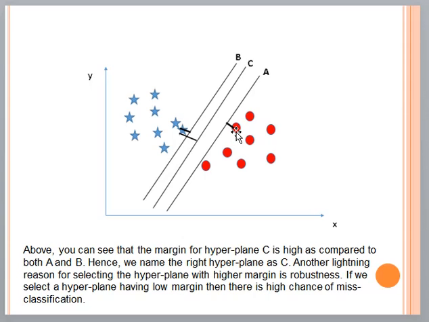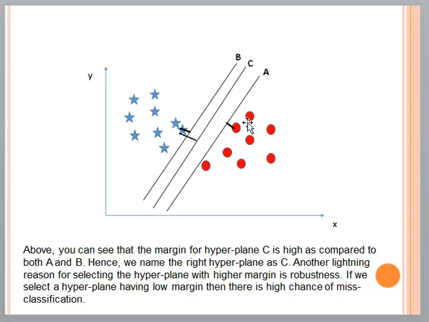So this data point has this much distance from this hyperplane, this data point has this much distance from this hyperplane, and the same data point has this much margin from this hyperplane, which is C, right? So we have different margins of each instance to different hyperplanes. Above you can see that the margin for hyperplane C is high as compared to both A and B, right?